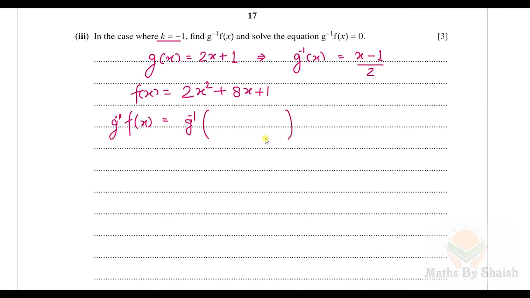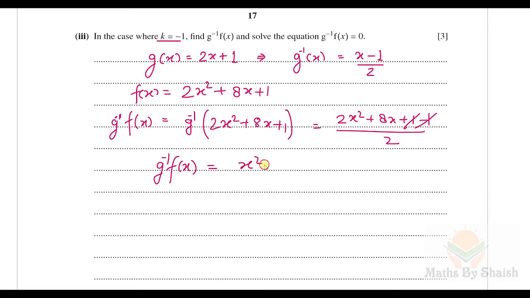The input for g inverse will be 2x square plus 8x plus 1, or from this definition we can get it as (2x square plus 8x plus 1 minus 1) over 2. These two cancel, and 2 will also cancel these two. So we got g inverse of f of x will be x square plus 4x.